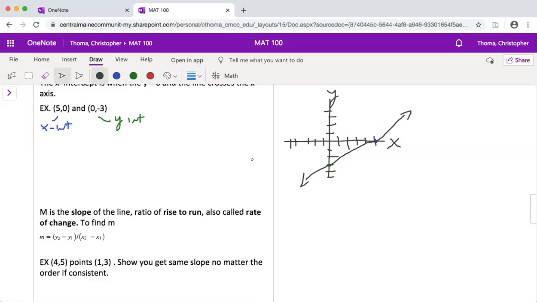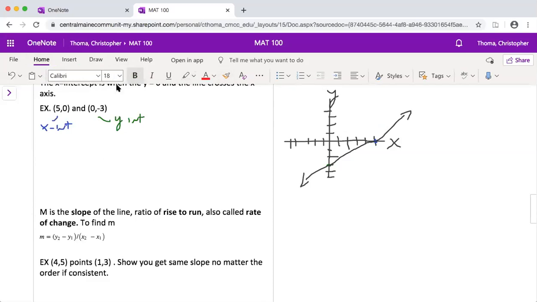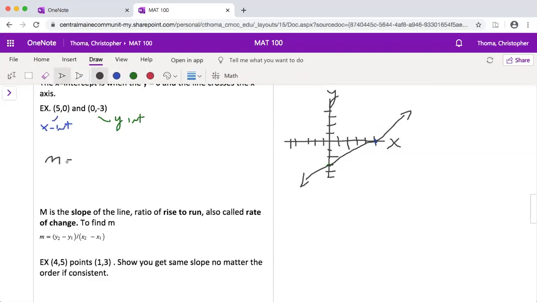So now you can see, though, horrible drawn line, but I have a line. But what if it asks you for the equation? Well, to find the equation, we have to use the slope formula, which is y2 minus y1 divided by x2 minus x1, right? So m equals y2, which is -3, minus 0, all over x2, which is 0, minus 5.